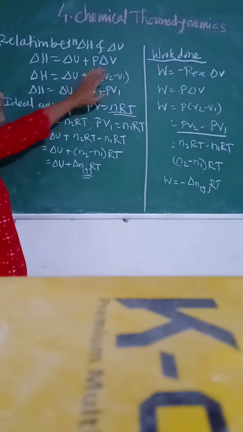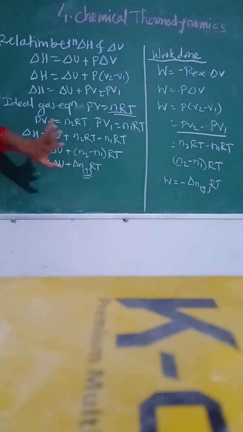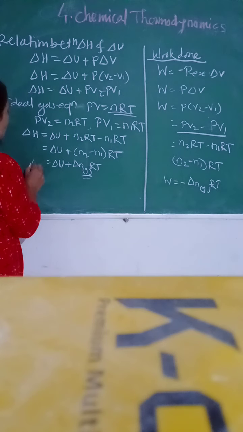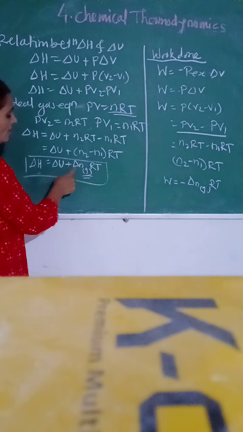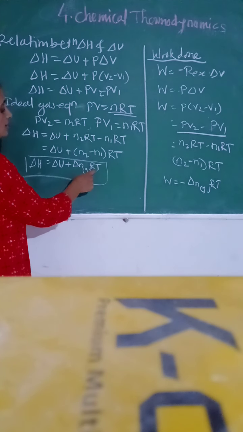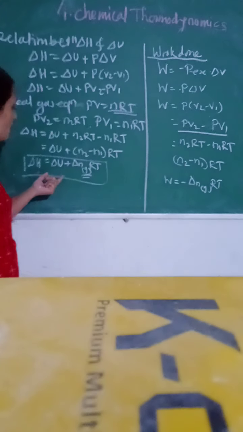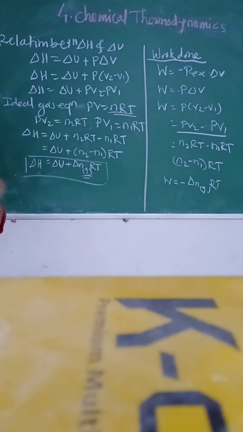Because for solid and liquid the change in volume is negligible, but in the gaseous state there is a change. So we get the equation delta H is equal to delta U plus delta n(g) RT. That equation derived is for 2 marks.